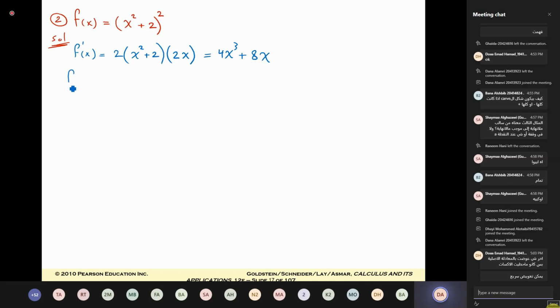Now continue, we need to find f double prime, so we have 12x squared plus 8, and this equal what? Equal 0. Now we have 12x squared equal negative 8, so after divide by 12 we have x squared equal negative 8 over 12.